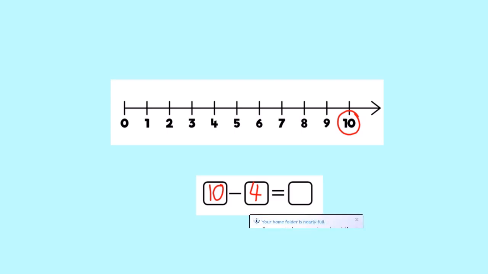Count with me. 1, 2, 3, 4. 4 jumps. Where did I land? I landed on 6. So the answer is 6. 10 subtract 4 equals 6.